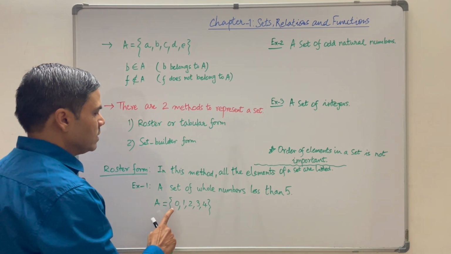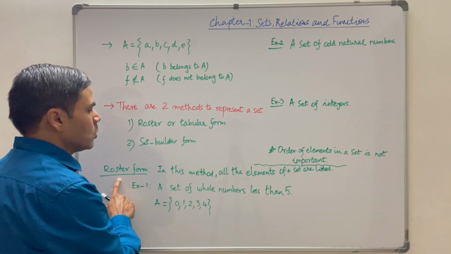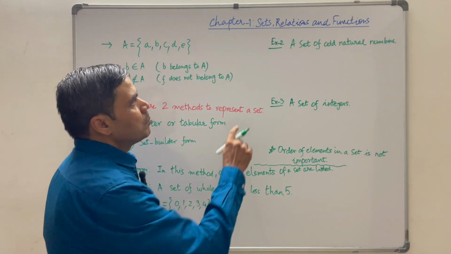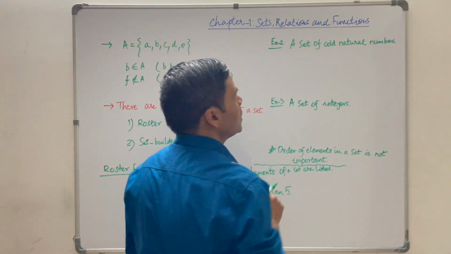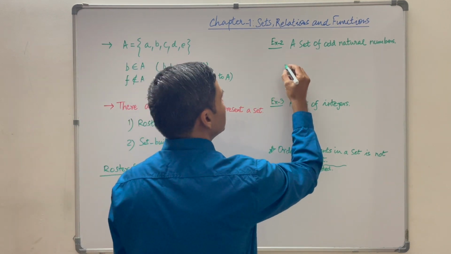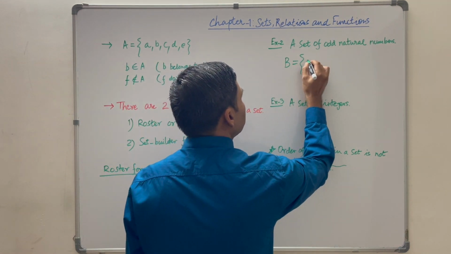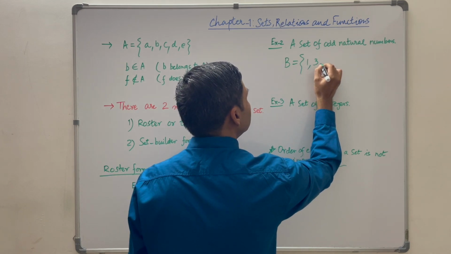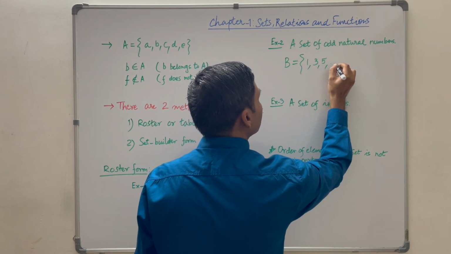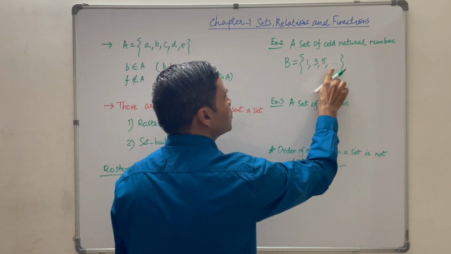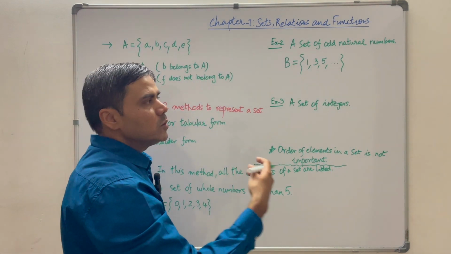So we have to list all those elements in this roster form. Second example, a set of odd natural numbers. So let us represent the set B having numbers 1, 3, 5, dot dot dot. Dot dot dot shows that the set continues indefinitely.